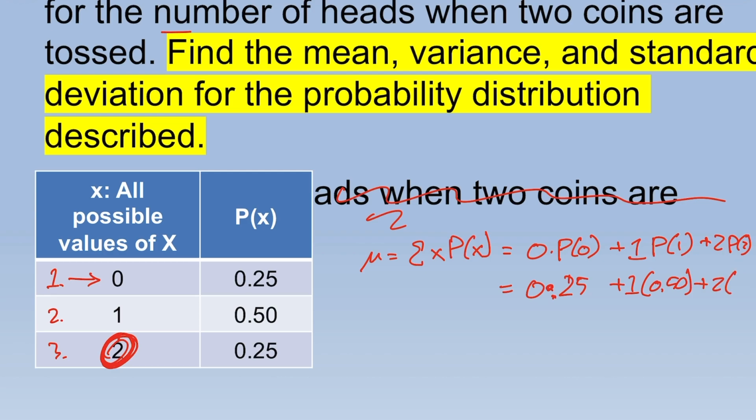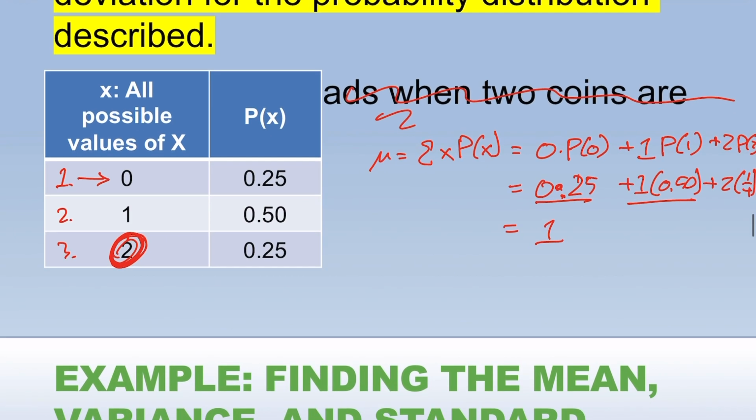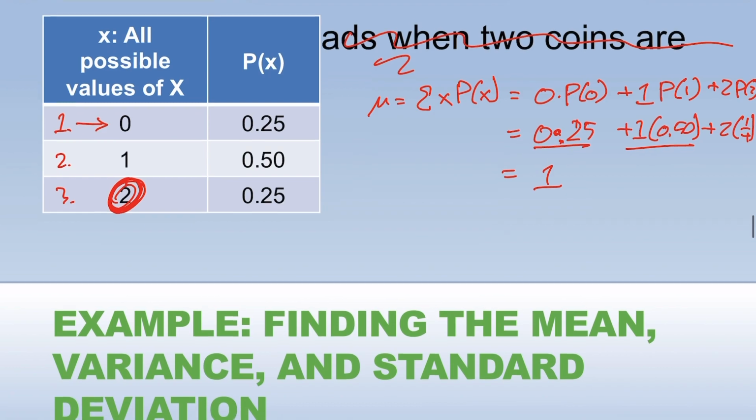So 2 times 1/4. All right, I add all these up together. I get 0 plus 1/2 plus 1/2 again. And in the end, what I get is 1.